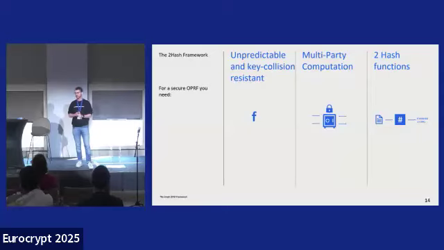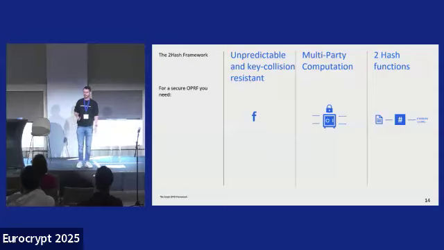You need an inner function that satisfies 2 properties. The inner function has to be unpredictable, but it interestingly also needs a second property, which we call key collision resistance. It's a weak form of key collision resistance, and I don't have it on the slides, but intuitively it means if you're an adversary, it's hard to find 2 keys that collide on random inputs.